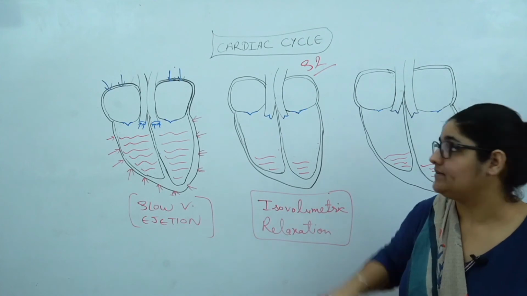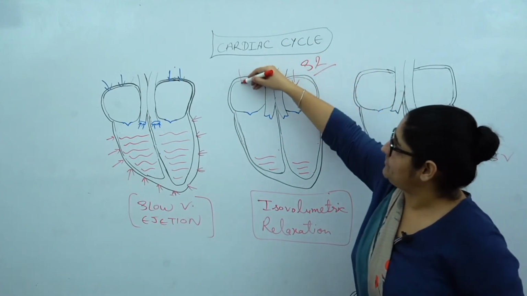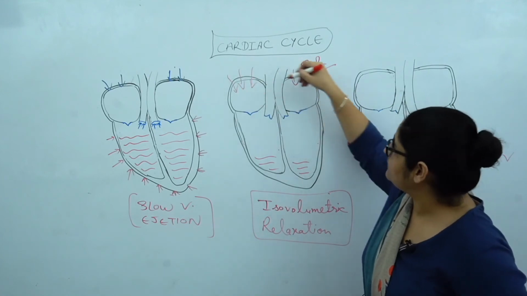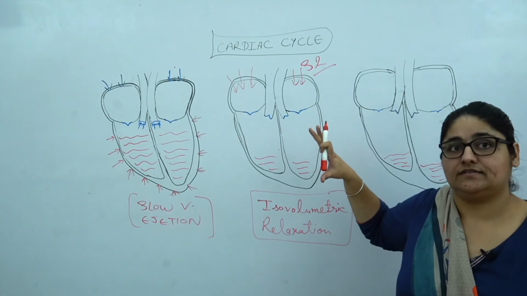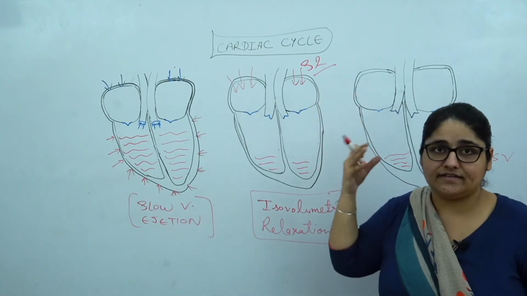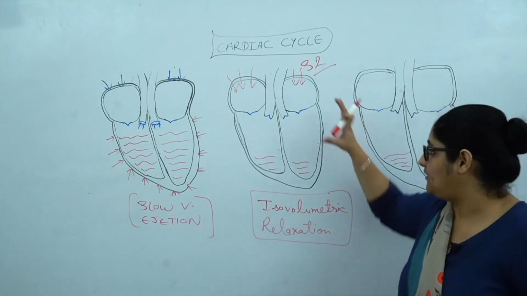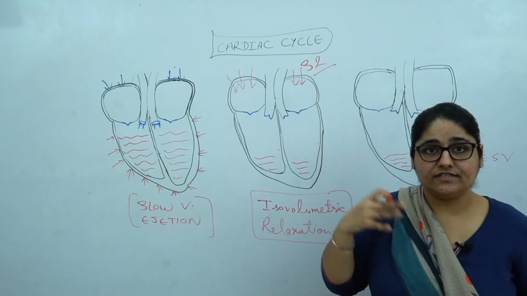Now, what will happen? As I have told you earlier, both the atria are still receiving the blood. So, they are getting filled. They are acting as a tank and they are getting filled with blood. Now, the pressure in atria is increasing because they are receiving the blood.